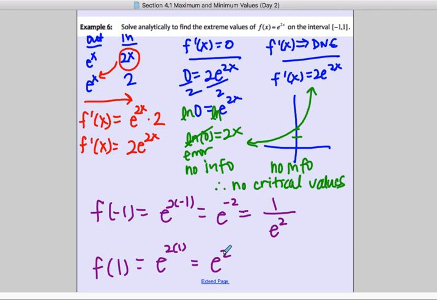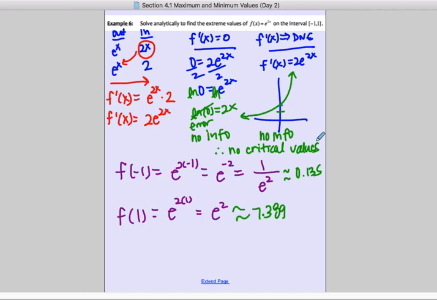And if you type those into your calculator, e to the negative 2 gives me 0.135, and e squared gives me 7.389. So that tells me this is my min and this is my max.